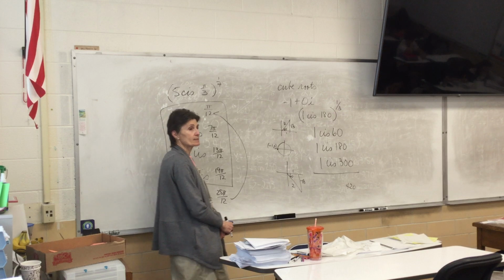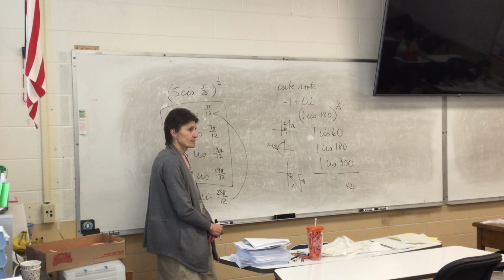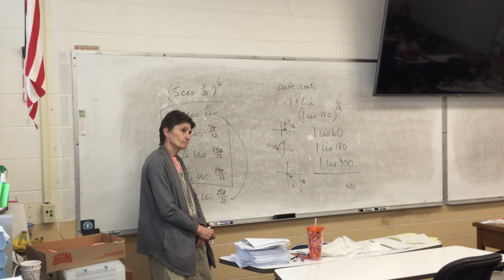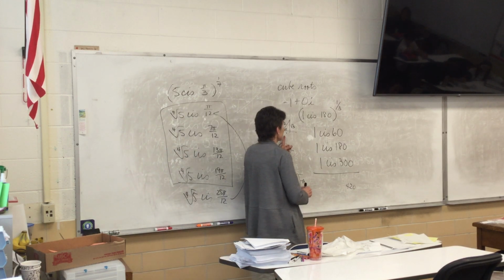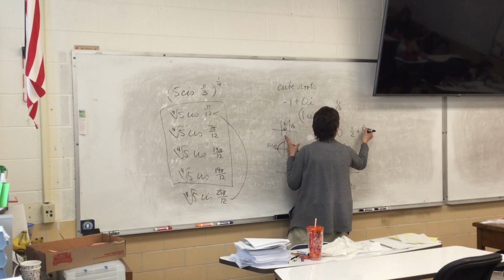Now the good news is, since my radius is 1, isn't X just going to be the cosine and Y is just going to be the sine? So cosine is going to be 1/2 plus √3 over 2i.